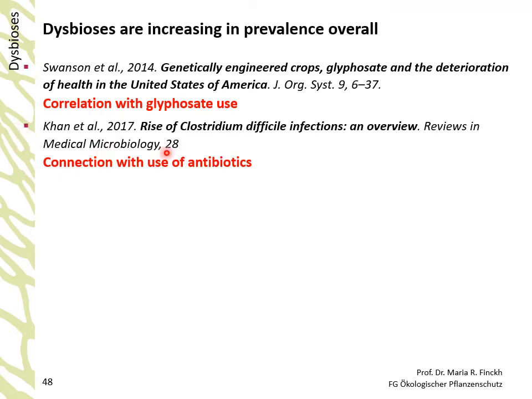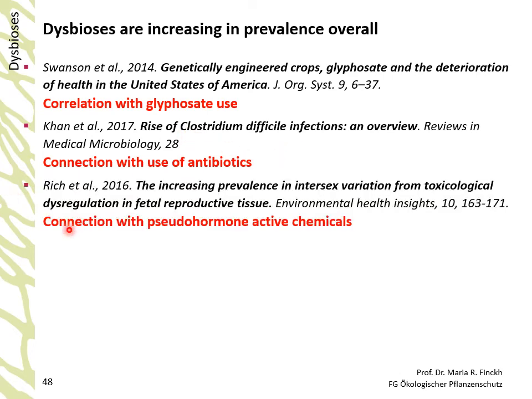Another study, Clostridium difficile infections, an overview. He shows that there's a connection with the use of antibiotics and the rise of Clostridium. Richard et al. show that there's a connection with pseudohormone active chemicals, with the intersex variation from toxicological dysregulation in fetal reproductive tissue.